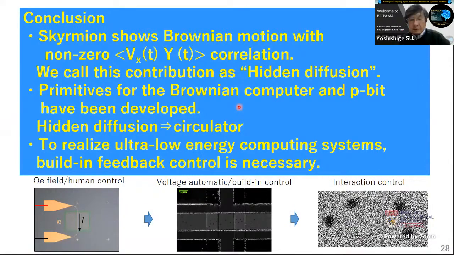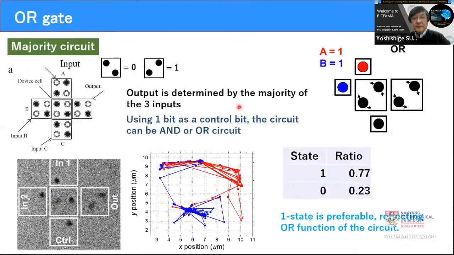Okay, thank you very much for the interesting question. So for this case, this is the OR circuit, and if we use usual CMOS device for the OR, certainly we should have 100% one output. Output should be 1, but for this circuit, we got only 0.77. So this contains a big error.